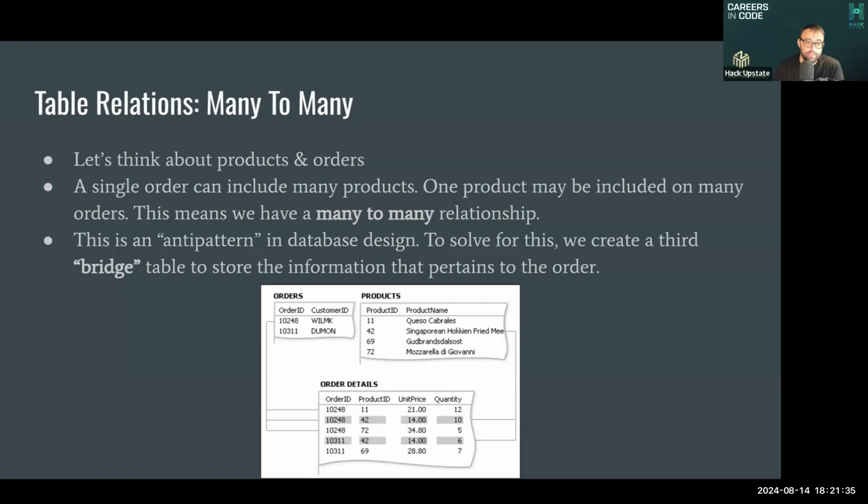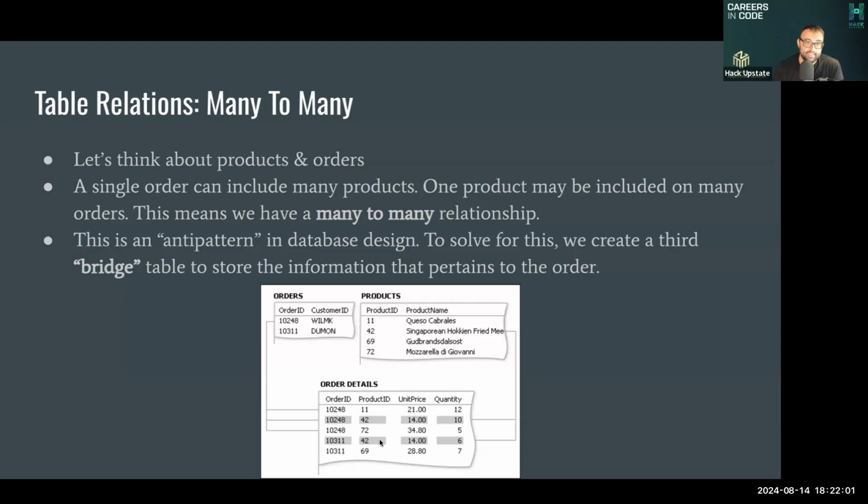To solve for this, we have to create what is called a bridge table, or there are like 19 different words for what they call that table. But we basically break it out, and we call that order details. And so in this case, order details has 2 foreign keys in it. It has the order ID and the product ID.